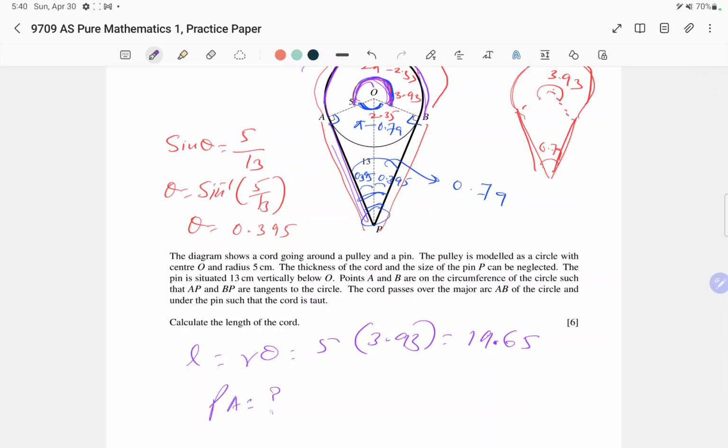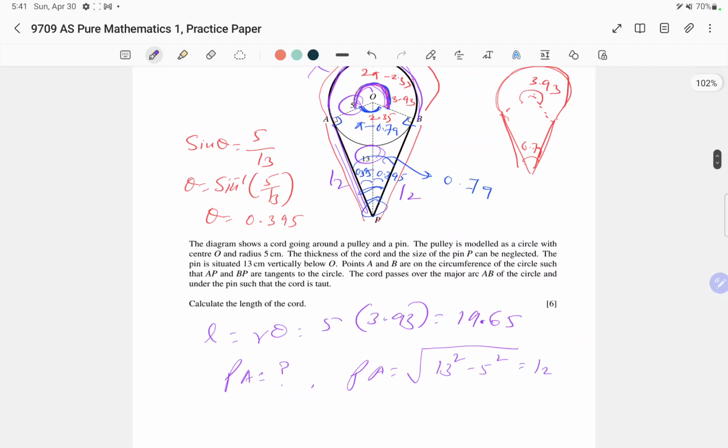What can I apply? I can apply Pythagoras theorem. So PA is the root of 13 squared minus 5 squared, which is 12. So this length is 12, then this will be 12.